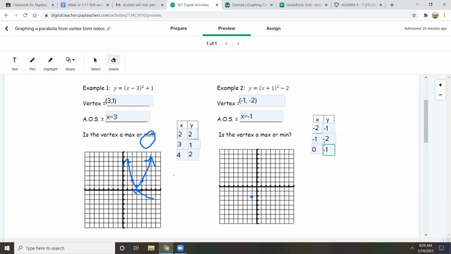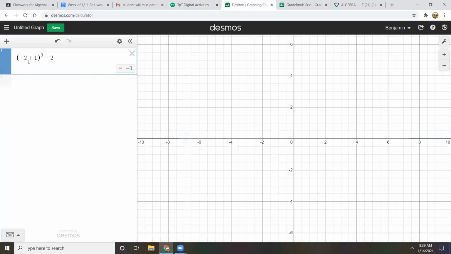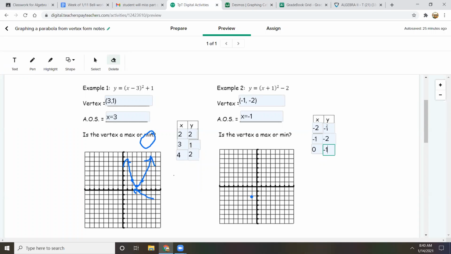Whatever you get here is going to be the same answer here. But if you don't believe me, we could plug 0 into this equation. So change that -2 into a 0. You're going to see it still is equal to -1. So we're just going to plot these two other points on the other side of our vertex. So I'd have one at 0, -1, and I'd have one at -2, -1.